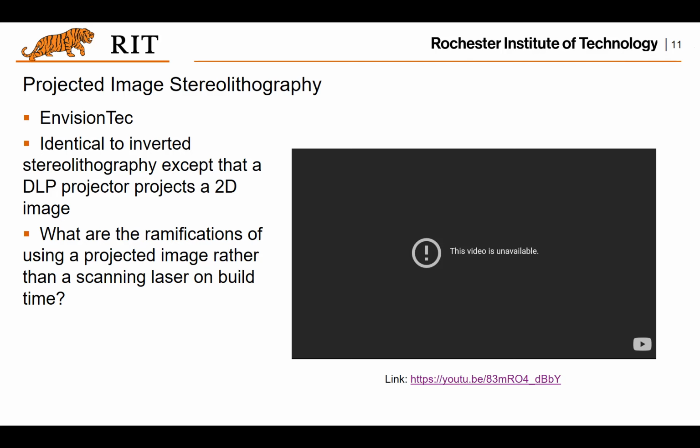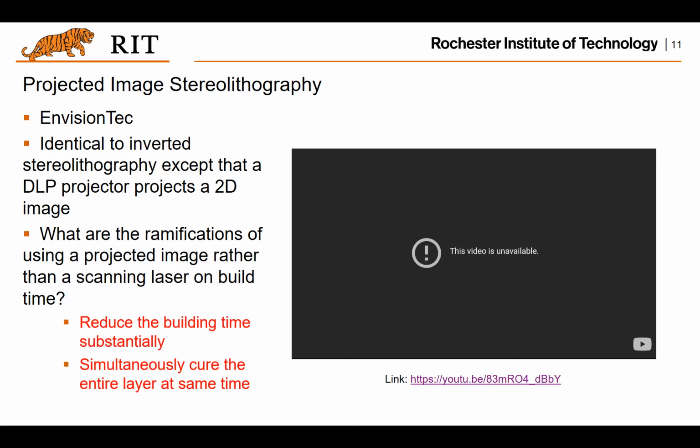InventionTech utilizes a digital light projector to project a 2D black-and-white image, and this image cures the resin simultaneously. The white region will be cured and the black region will not be cured. So that's how it works.